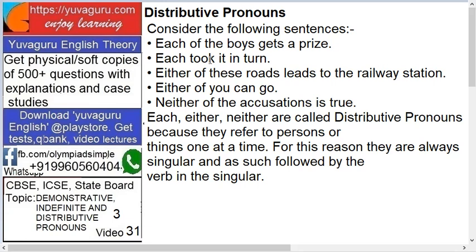Took is the verb, an action word. Each of these roads leads. This is a verb and singular. Either of you can go. So go, singular. Neither of the accusations is true. Here is the verb. Is the verb over here.